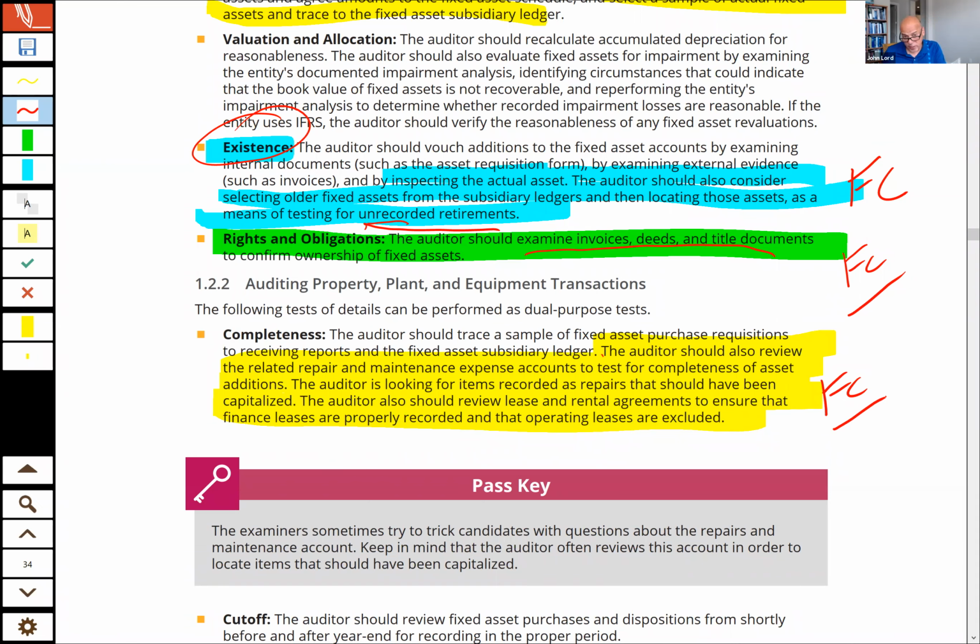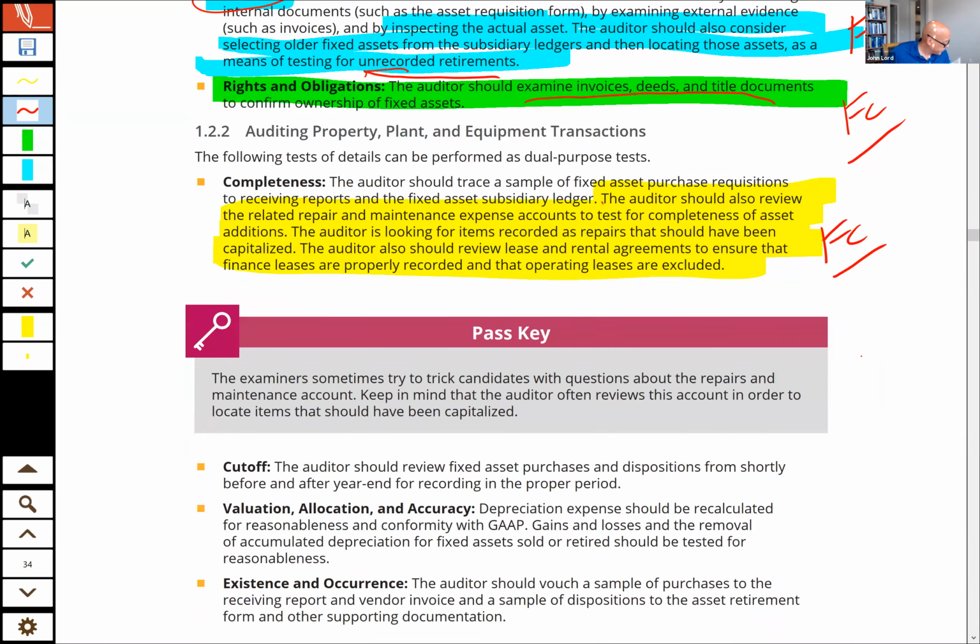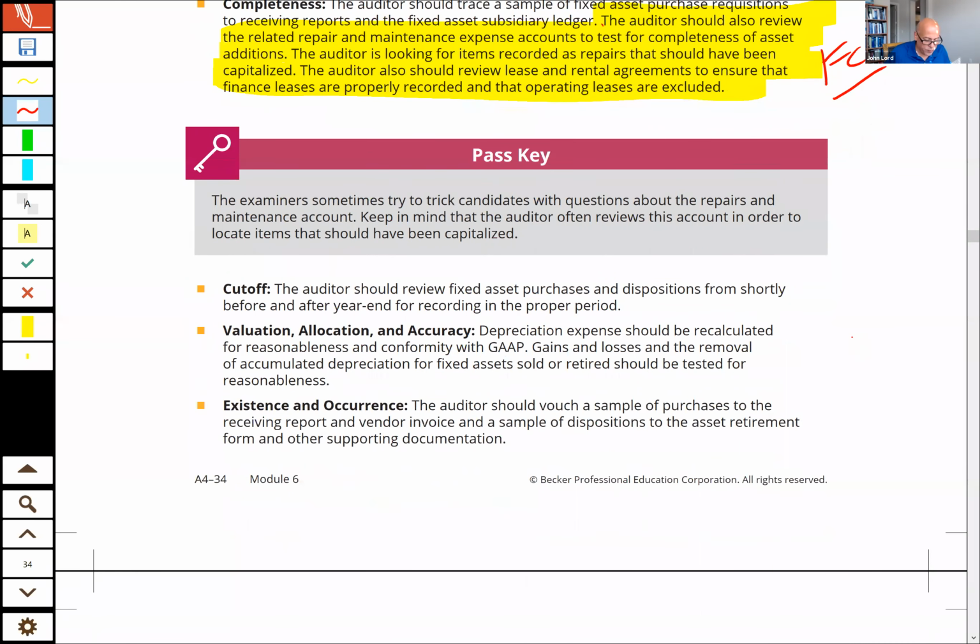If you see a transaction there for $5,000, now you're saying, well, wait a minute, why was that $5,000 booked in the repair and maintenance expense account? It should have been in the fixed asset account. Okay, good.